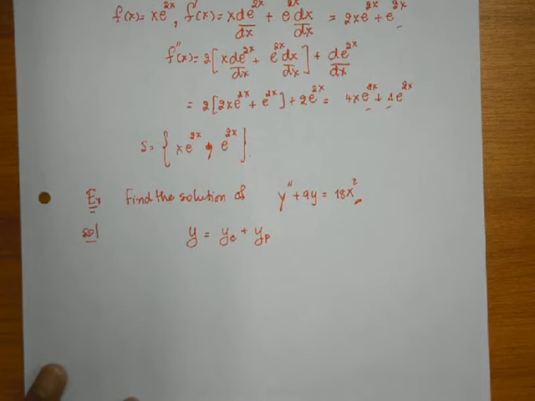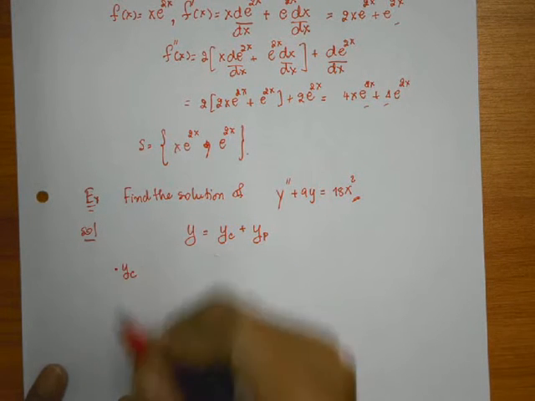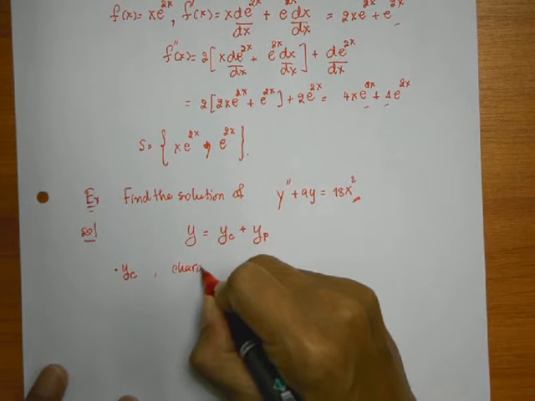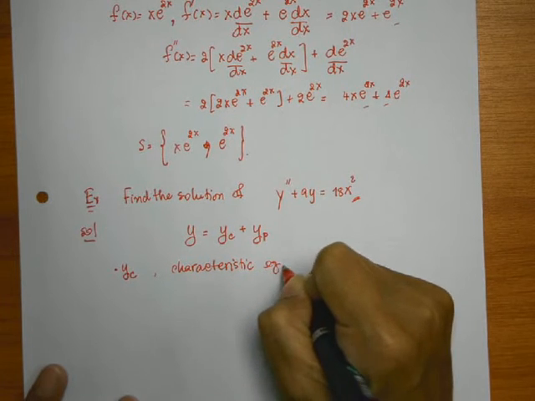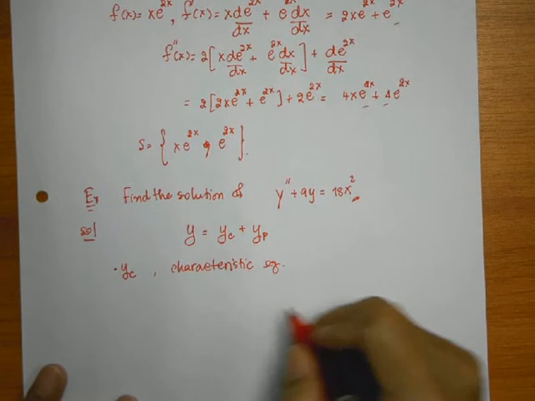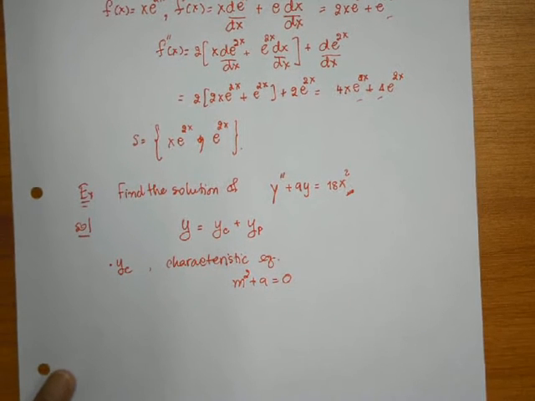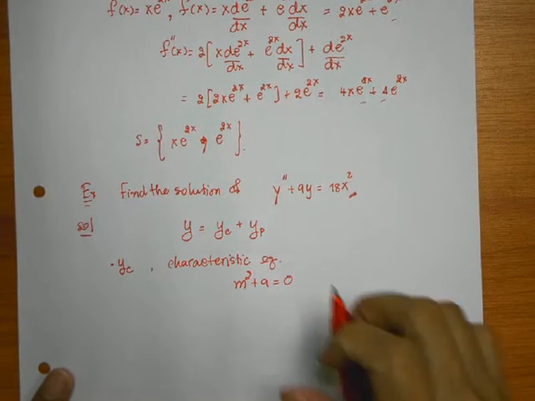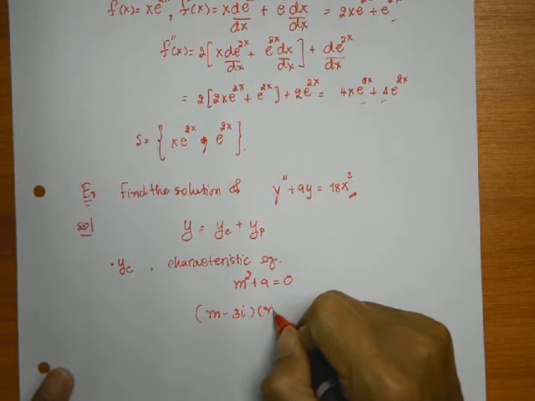So for yc, we find yc first. You've got to write down the characteristic equation. So in this case, it's what? m squared plus 9 equals 0. We can find two roots of m, which are minus 3i and plus 3i.